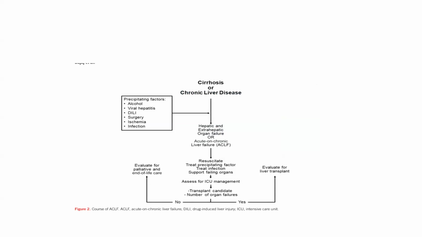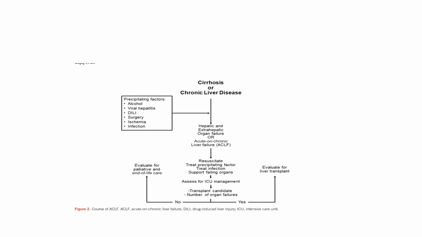And if we are encountering a patient who has developed acute on chronic liver disease, then the first thing we need to find out is what are the precipitating factors responsible for this condition, which include alcohol, viral hepatitis, drug-induced liver injury, surgery, ischemia, and infection.